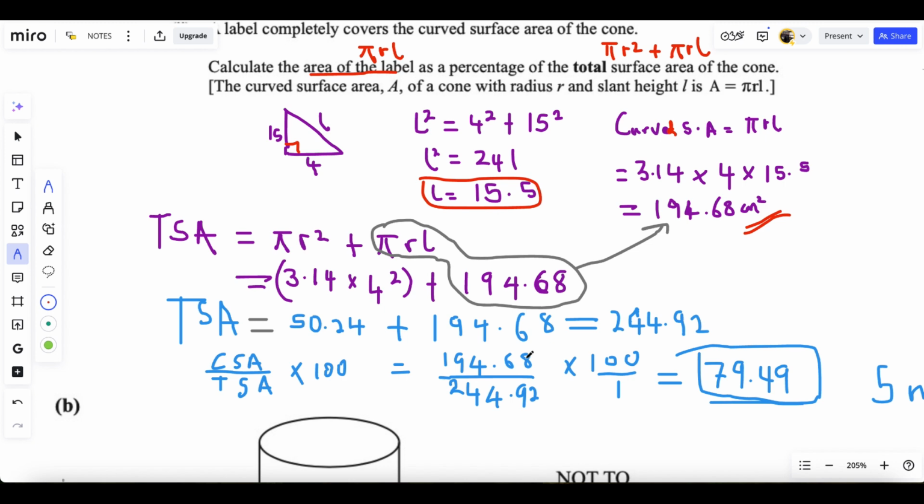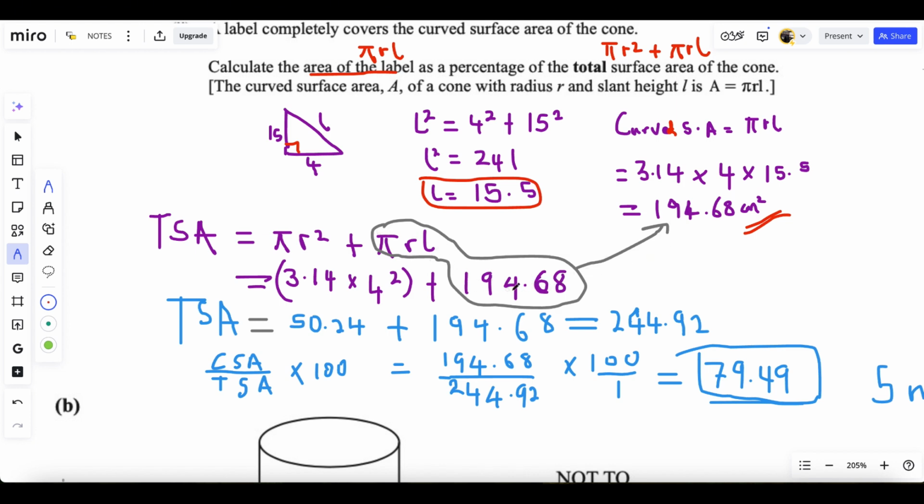Now let's find the total surface area. Before we can find the curved surface as a percentage of total surface area, it's time for us to find the total surface area. We call it TSA. Total surface area is pi r squared plus pi r L. So pi r squared is 3.14 times the radius squared. Plus, no need to compute again, because I already did the curved surface area. Just put the value here, plus 194.68.